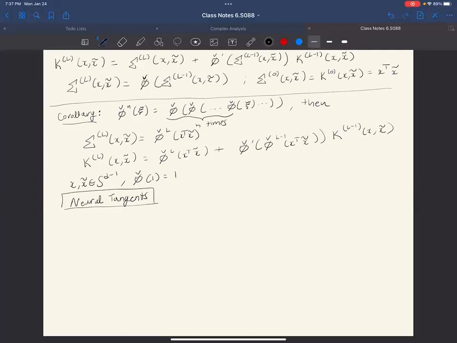So you would give it a neural network architecture, and it would output for you the corresponding neural tangent kernel and the neural network Gaussian process at the same time. And the reason is that the neural tangent kernel already computes the neural network Gaussian process along the way. That's how a lot of these libraries work. And so it's a really convenient tool. And we're actually going to make use of this tool for the next part, which is going to be the neural tangent kernel for convolutional networks.